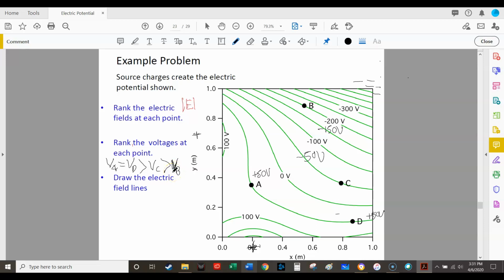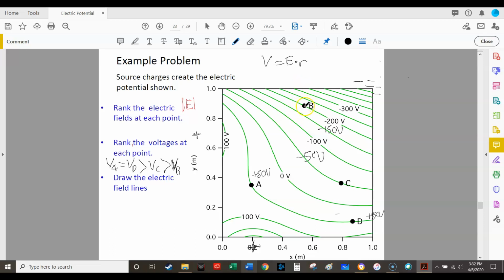Let's go ahead and try to rank the electric fields. Well, the electric field is not exactly equal to voltages. They're not equal to each other. In fact, voltage is equal to E dot R. So this is the relationship between the two. But what we can see here is that the voltage lines are really collected together here.